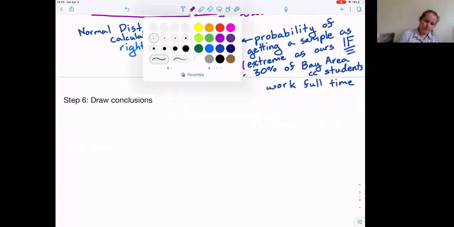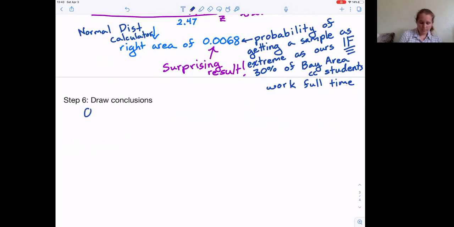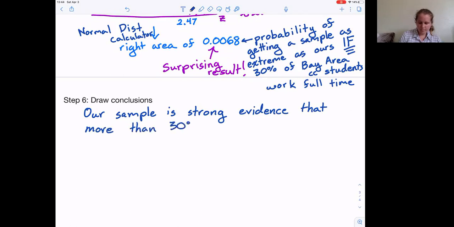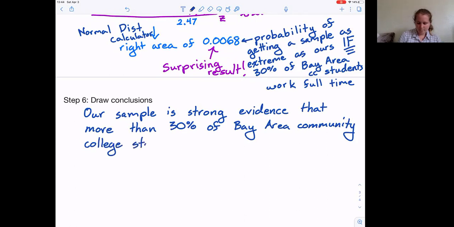So our conclusion: our sample essentially is strong evidence that more than 30% of Bay Area community college students work full-time.